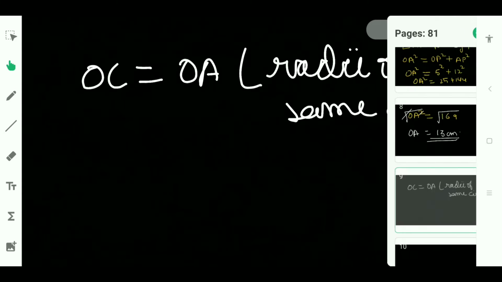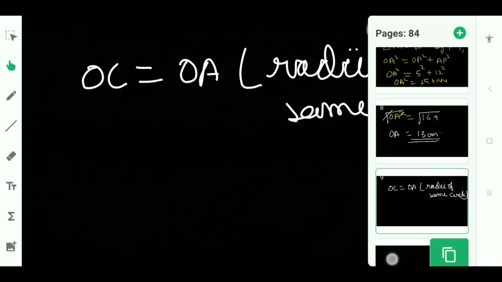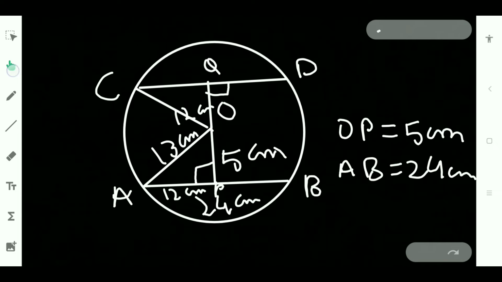Radii of same circle is nothing but when two radius are drawn in a circle from the center. Radius is nothing but from the center a line to circumference of the circle. All radius, how many radii you draw, those all will be equal. That is what I am saying here, radii of same circle.